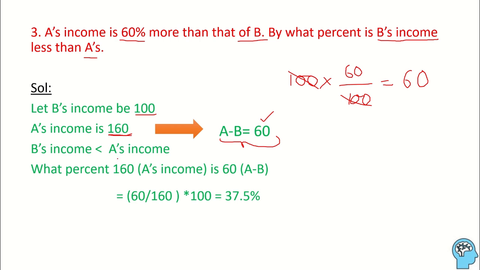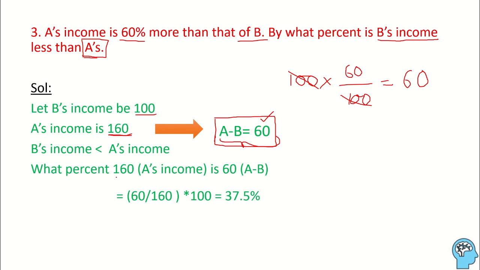Now B's income is less than A's income, so A minus B is equal to 60. Now he is telling us to compare the difference with A's income. So this difference is 60.